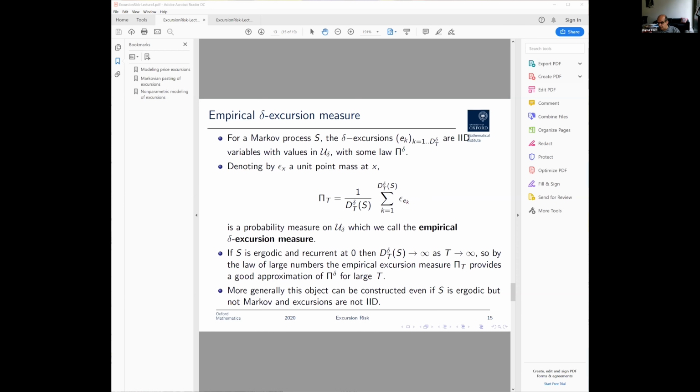So the losses of funds like LTCM were precisely associated with a long excursion away from the zero of a variable which they bet on being mean reverting.